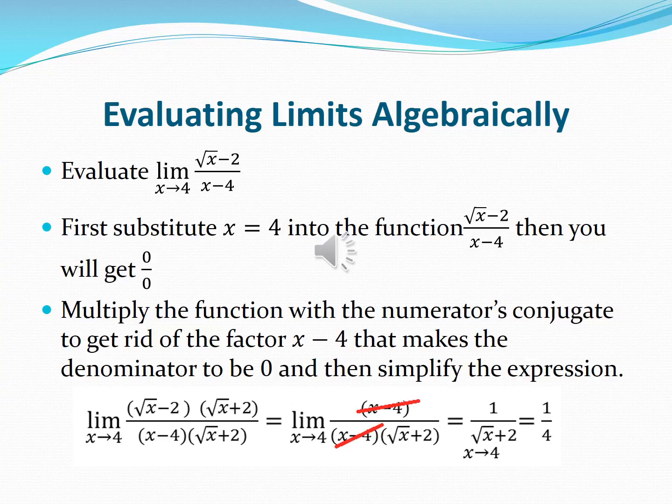So if we multiply both up and down, the square root of x minus 2 times the square root of x plus 2 becomes x minus 4, divided by (x minus 4) times (square root of x plus 2). So x minus 4 cancels out. Now the limit of the function as x goes to 4 is 1 over 4.